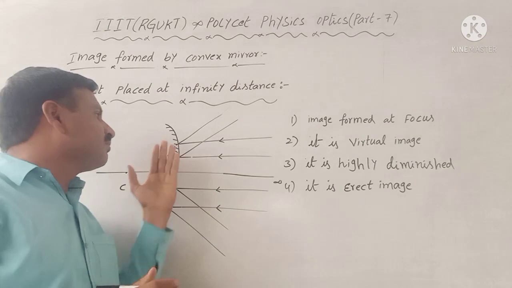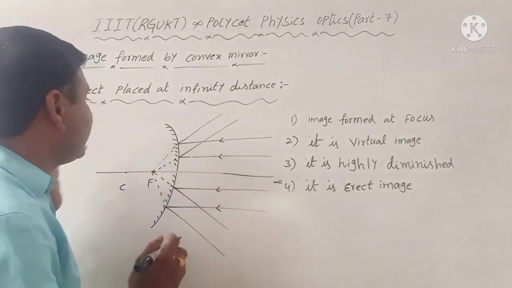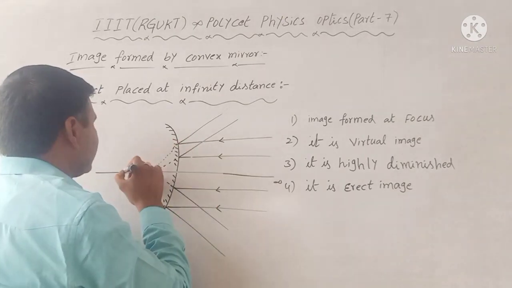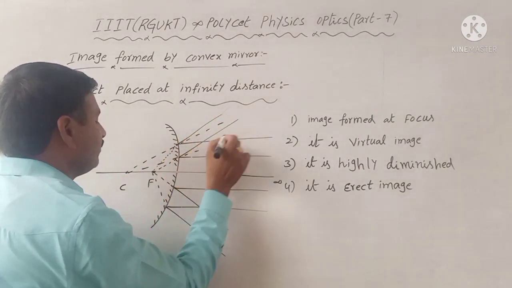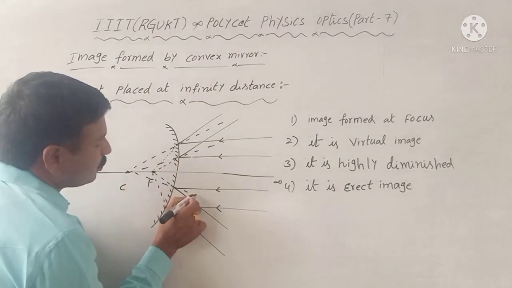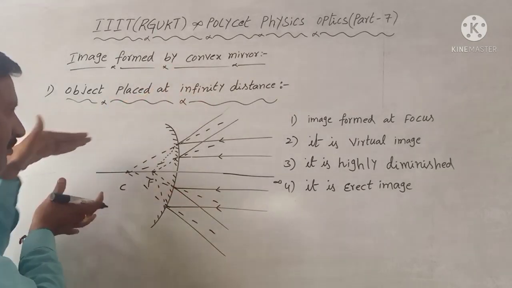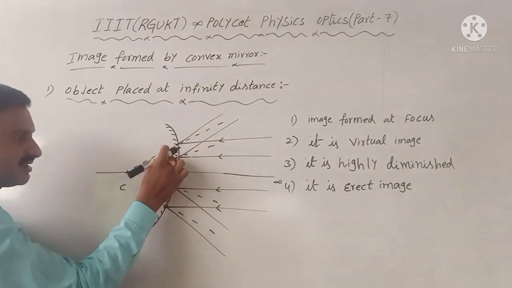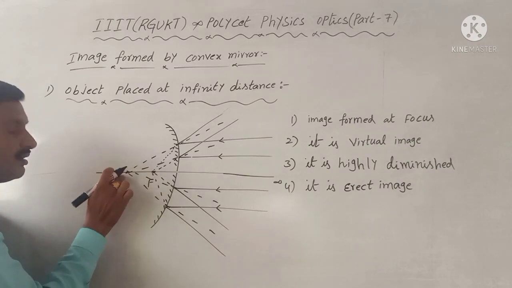Already in previous classes I told you: where the incident light ray touches the surface, draw the normal line to that surface.